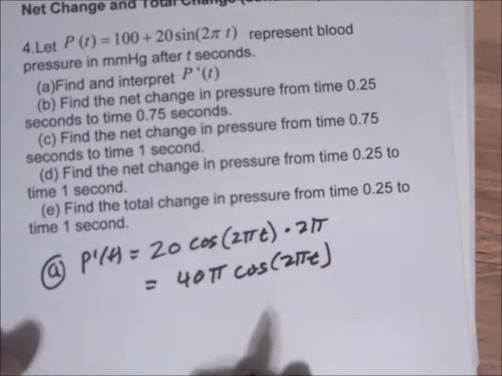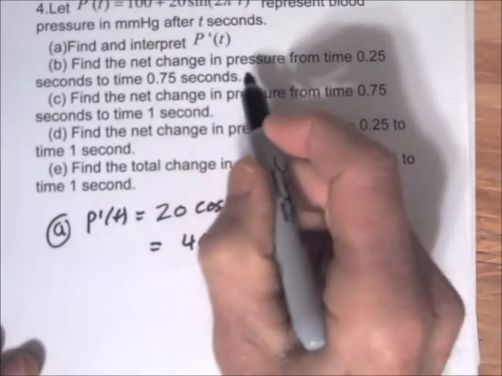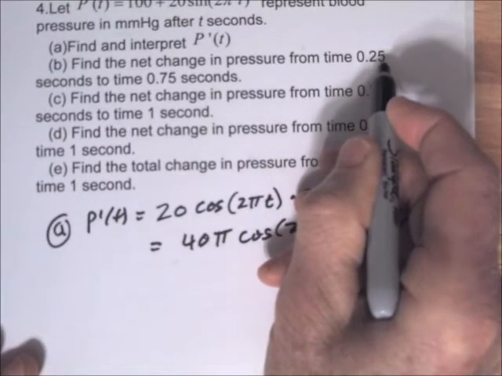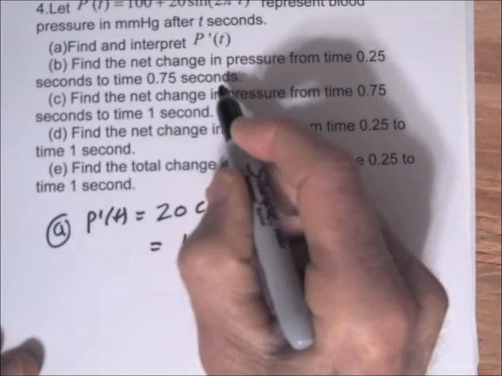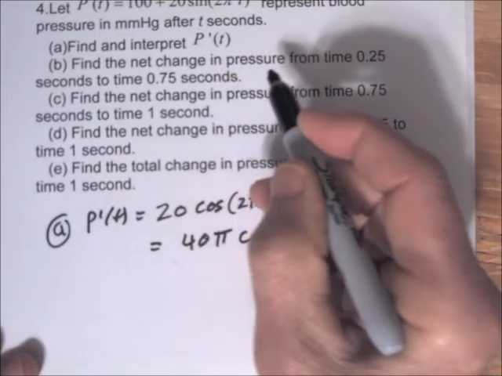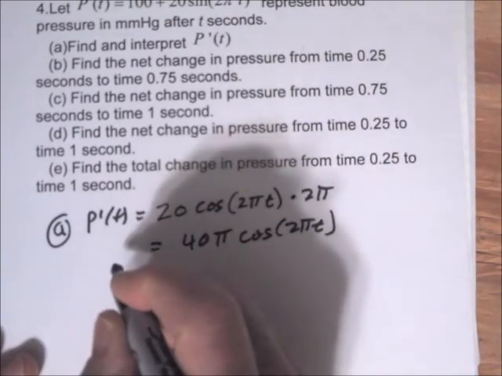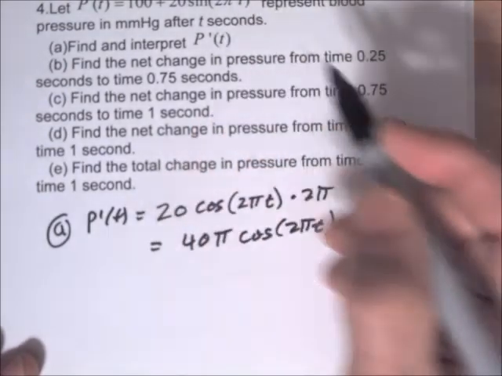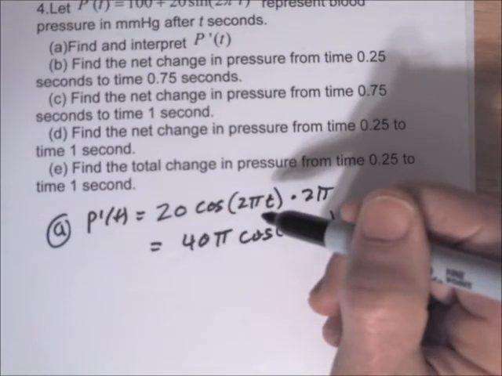Find the net change in pressure from time 0.25 seconds to 0.75 seconds. So that would be, we could use the original function, or we could use the derivative.